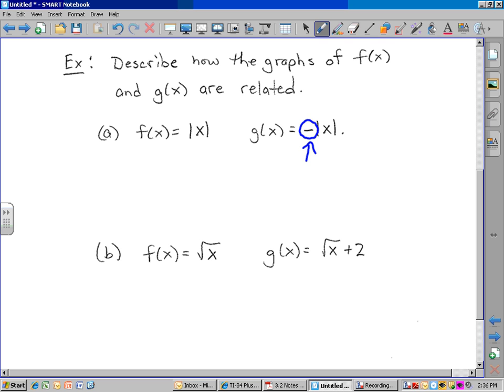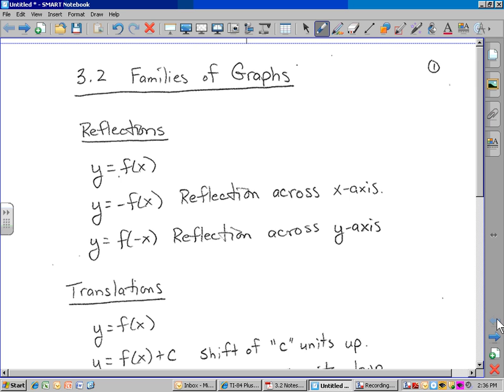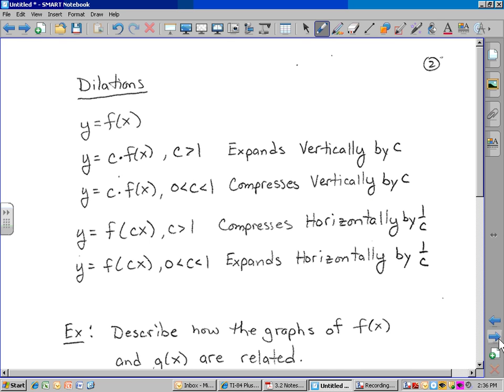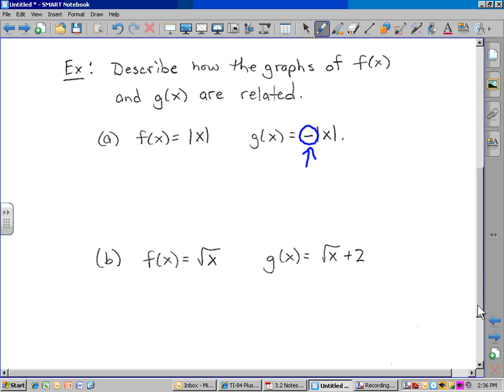Now if we go back and look, putting a negative on a function causes a reflection across the x-axis. So that's exactly what's happening there. This is a reflection across the x-axis. That's the only thing that's new, so it's the only thing we have to talk about.